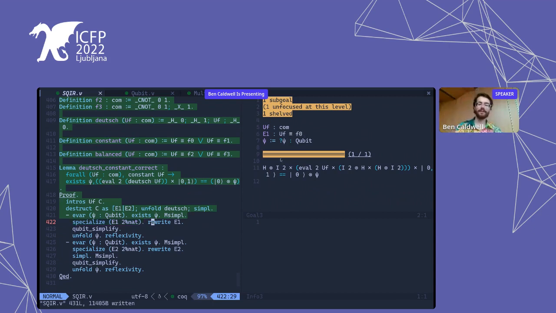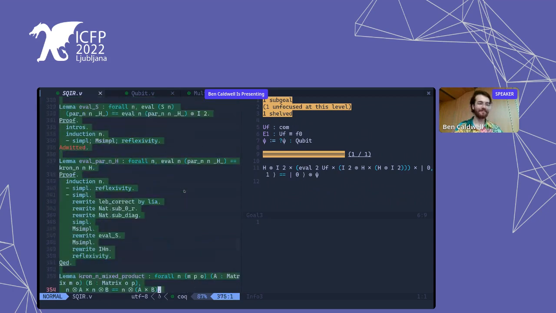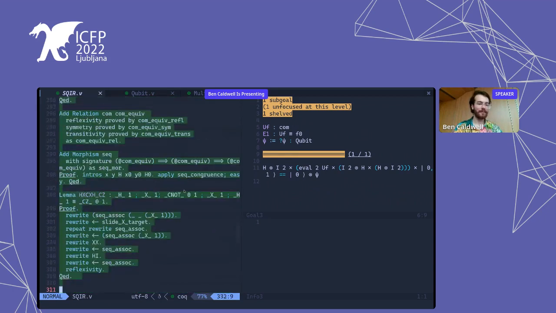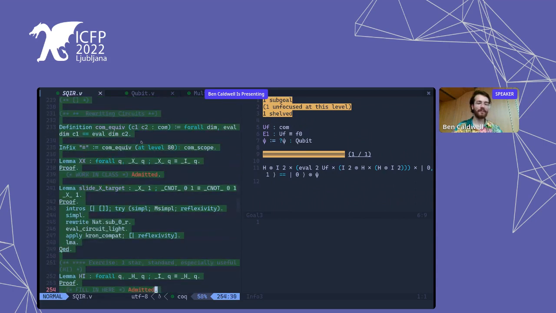Oh, sorry. Okay, yeah. This is an equality thing that we kind of skipped over. It's circuit equality, and it's defined up here. I think it's actually this congruence, right? So we're saying that 2 commands in our language are equivalent if for all dimensions the eval at that dimension is equal to the eval at the other dimension.